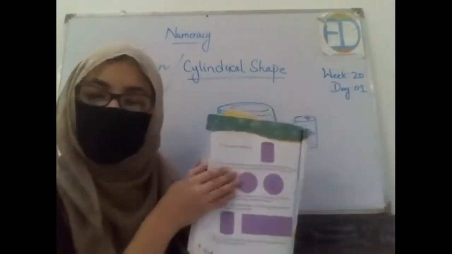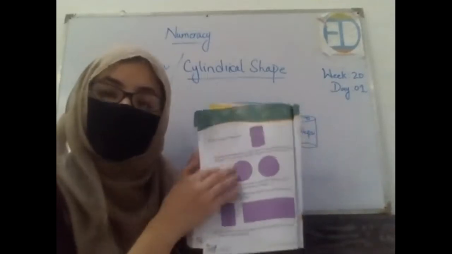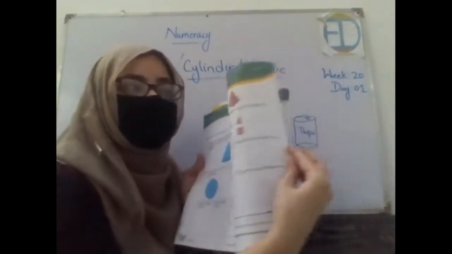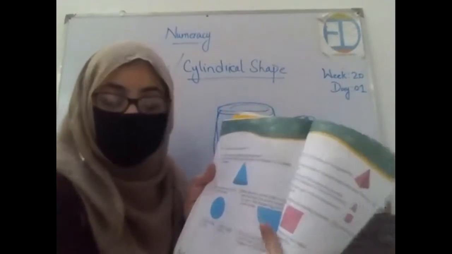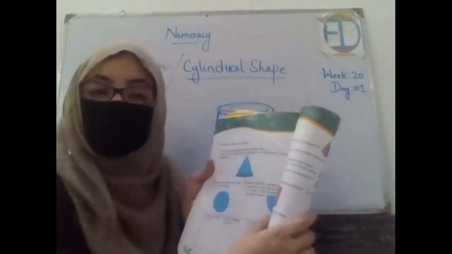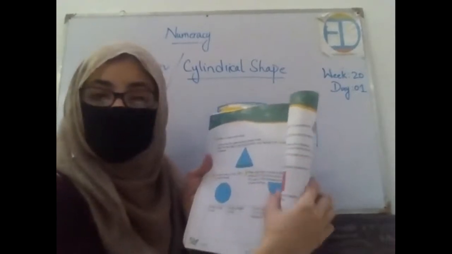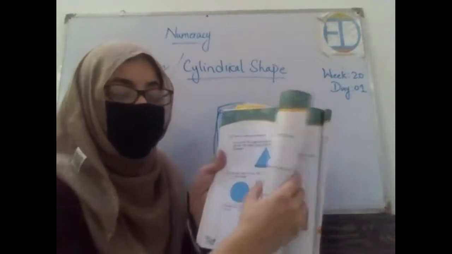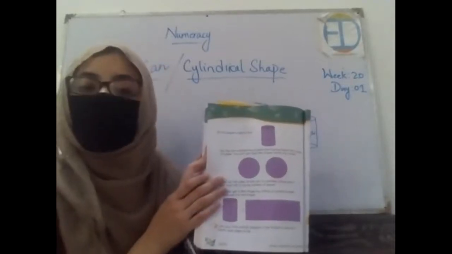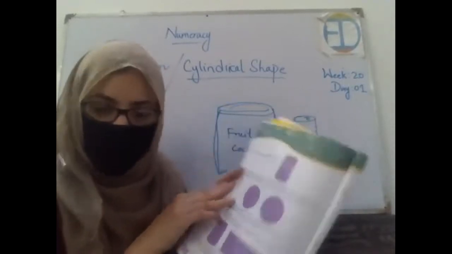But if you open that, this is a flat surface. And when we turn this into this shape, it turns into a can, right? But in the form of a can shape, these sides are curved, they are not flat. But when you open this, it will turn into a flat surface. Got it?